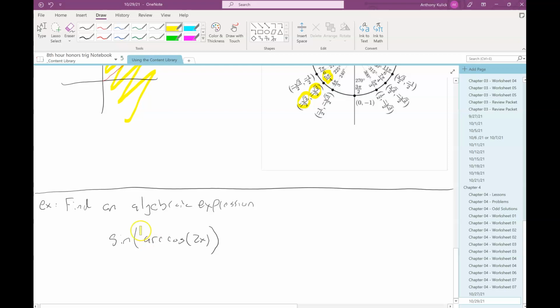We're going to work again from the inside out. Remember, if I do a cosine inverse or an arccosine like this, what I'm getting back is an angle measure. Everybody's okay with that? And theta equals arccosine of 2x is equivalent to just saying cosine theta is equal to 2x.